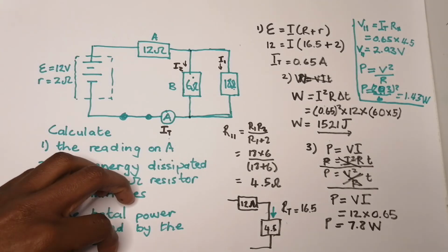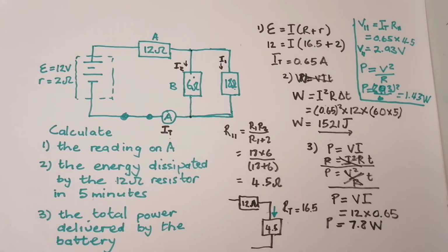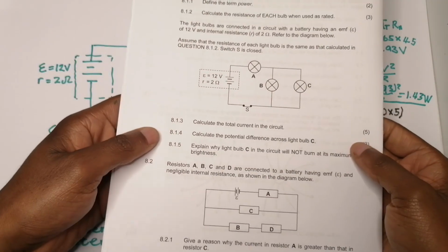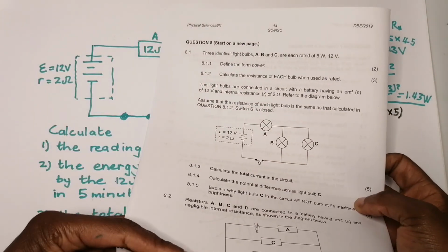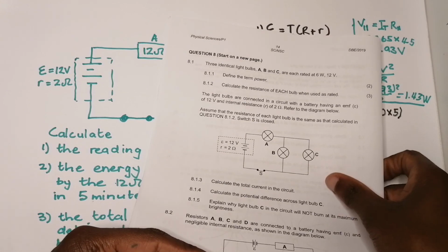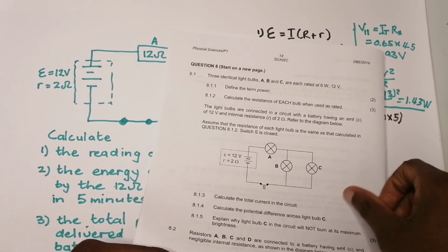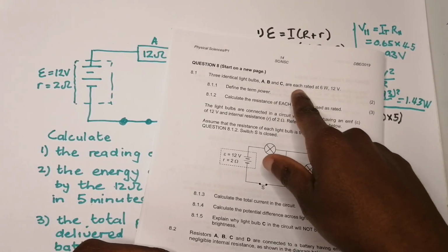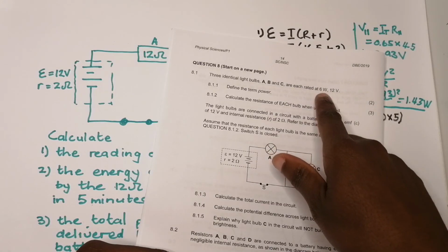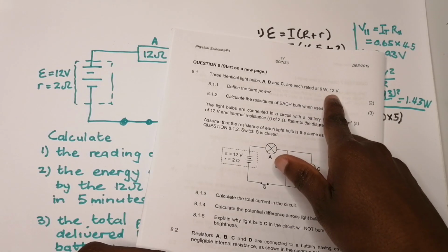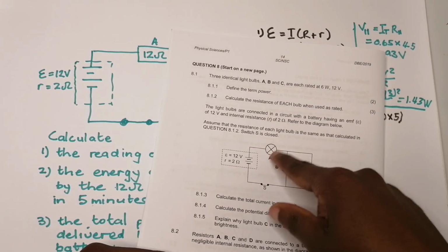Of course there are some instances. Let me just show you one instance where you were given an electric circuit. I'm not going to go through the entire circuit, but I want you to see it for yourself. This was in the 2019 paper, where they had actually given you 2 things. They gave you a circuit. Please have a look at that question if you can. They gave you a circuit and they gave you the power rating as well as the voltage across those light bulbs.